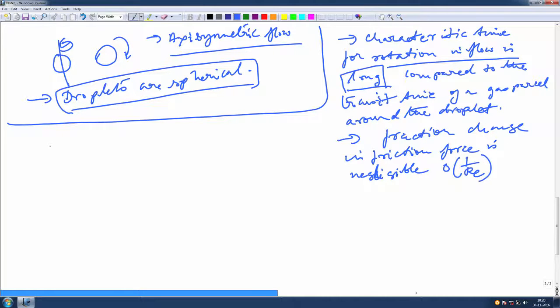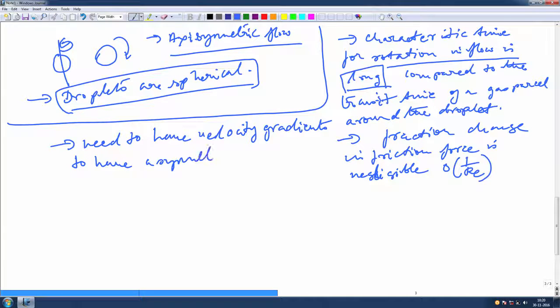Okay. So, there is a need to have velocity gradients, to have asymmetry in the flow. That asymmetry leads to torque, got it, okay.